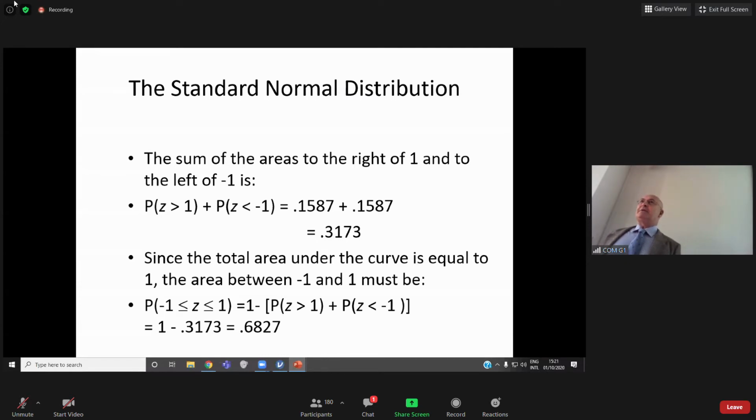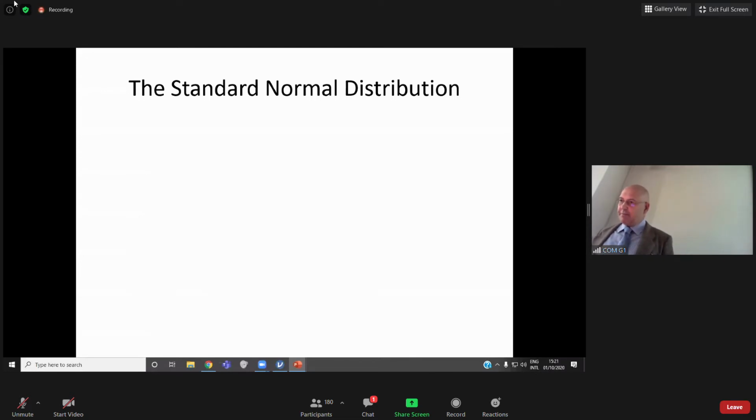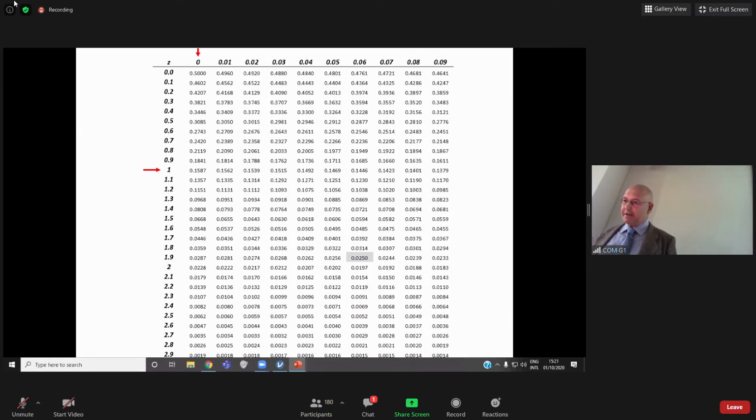The numbers given in the left-hand column, and the top row, the headers of the top row, that gives you the Z value. Let me just go back to clarify, because that may not be very clear to everyone. So what we have is the Z value here in the left-hand column.